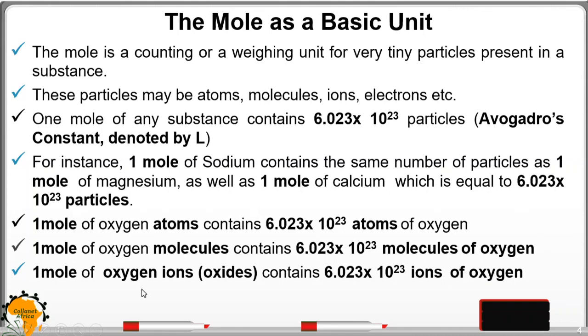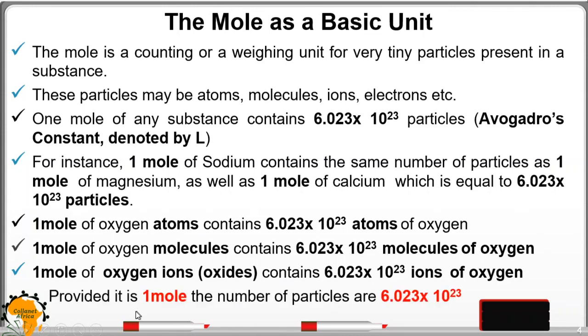This is one element. Provided it is 1 mole, they also contain the same number of particles. But remember, here we talk about atoms and atoms, molecules and molecules, ions and ions. Therefore, provided it is 1 mole, the number of particles is 6.023 times 10 to the power 23.